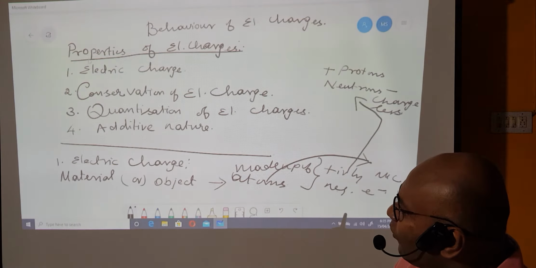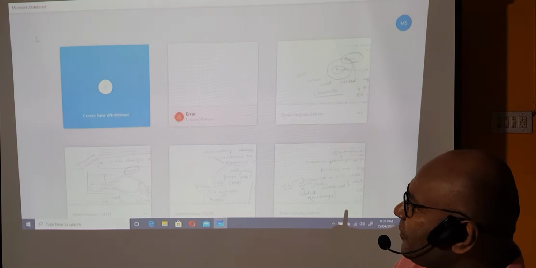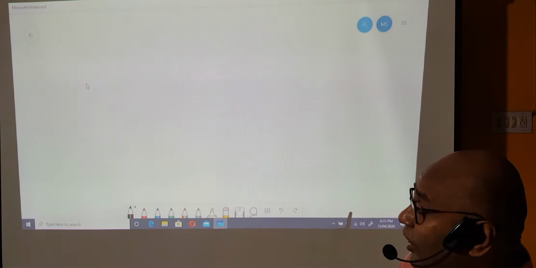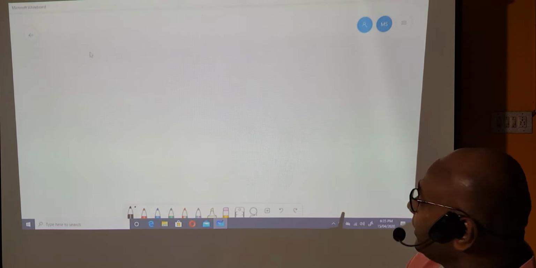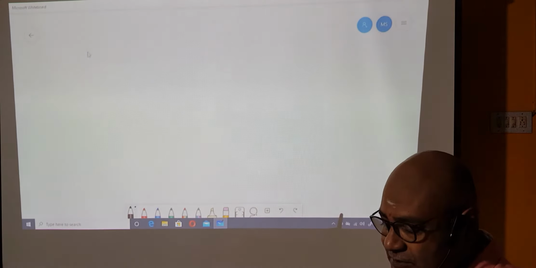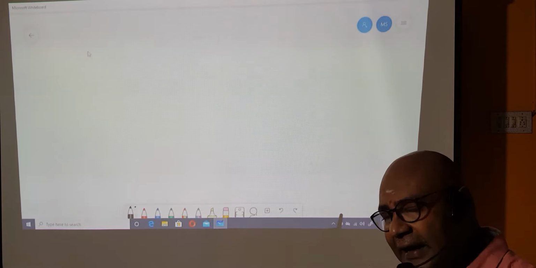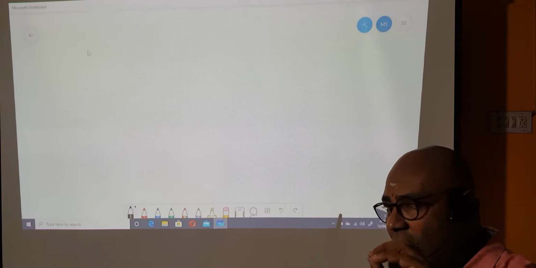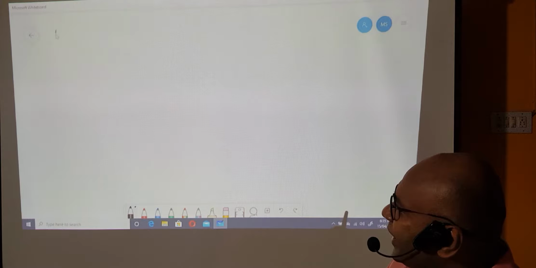Now, what is the inherent property of the electron? What about the inherent property of the atoms? What about the inherent property of all objects?